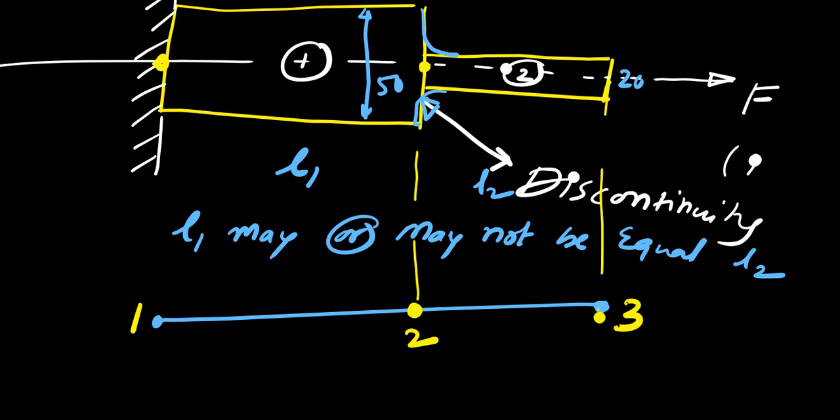This node 2 is mandatory here. It is not optional, it is essential, because the cross section area suddenly changes. In that case we have to consider node 2.